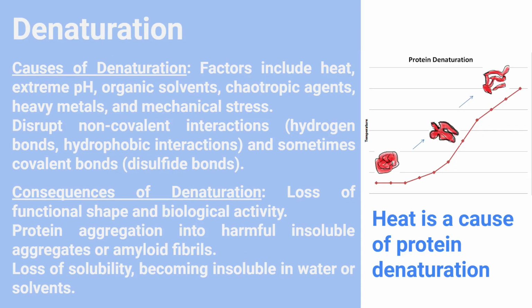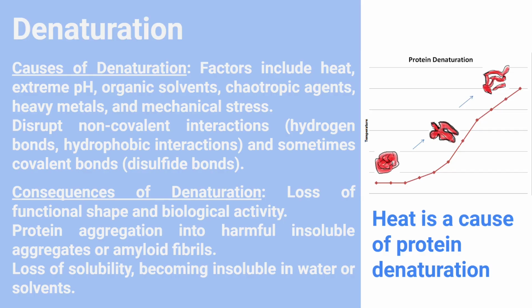Denaturation can be induced by a variety of factors, including heat, extreme pH, organic solvents, chaotropic agents like urea, heavy metals, and mechanical stress. These factors disrupt the non-covalent interactions like hydrogen bonds, and in some cases covalent bonds, that stabilize the native protein structure. There are of course some consequences of denaturation.